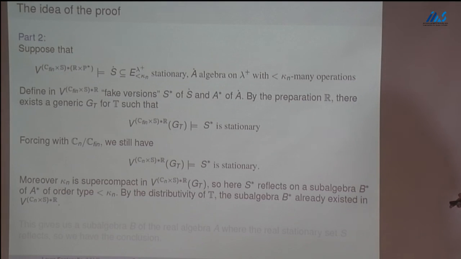And so we have a fake subalgebra where the fake stationary set reflects in this model, and all the fake versions are defined conveniently in such a way that this gives us, in the final model, a subalgebra of the real algebra such that the real stationary set reflects to it. And so we have our result.